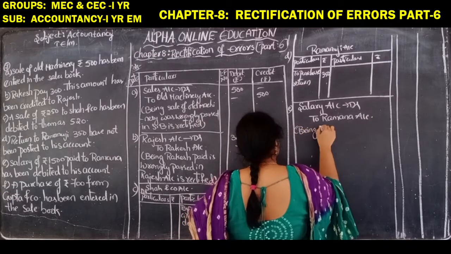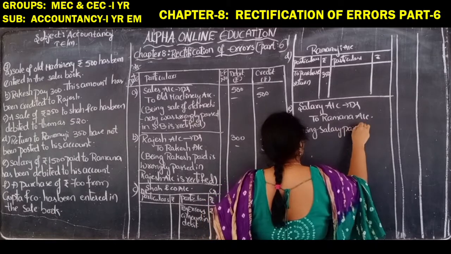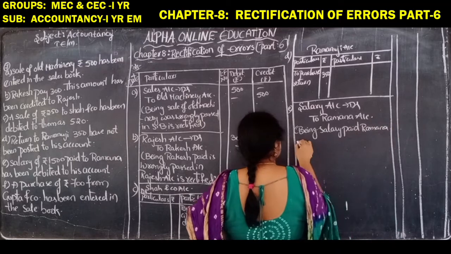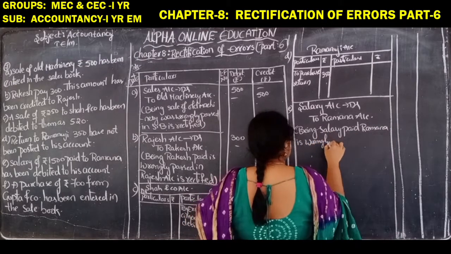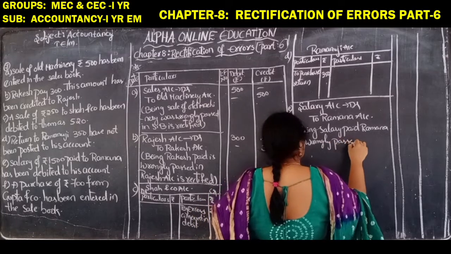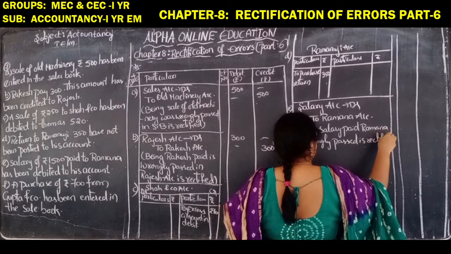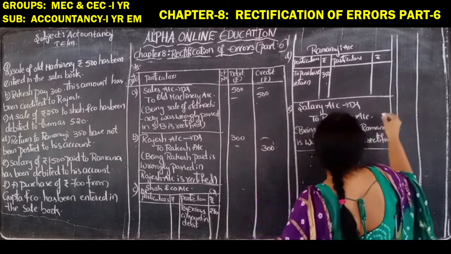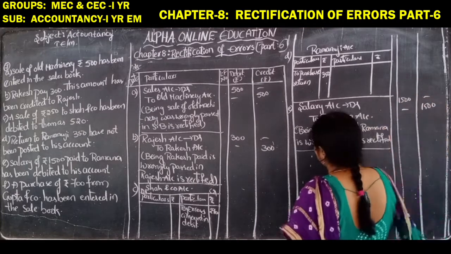Being salary paid to Ramana is wrongly passed, is rectified. So, how much is the amount? That is 1500. So, 1500 and 1500. So, see the next entry.